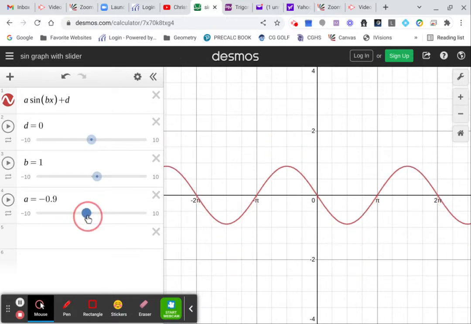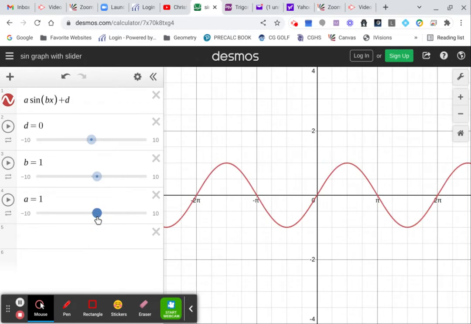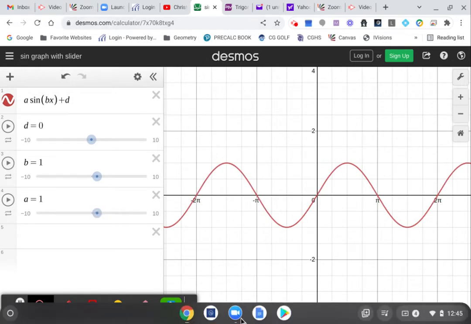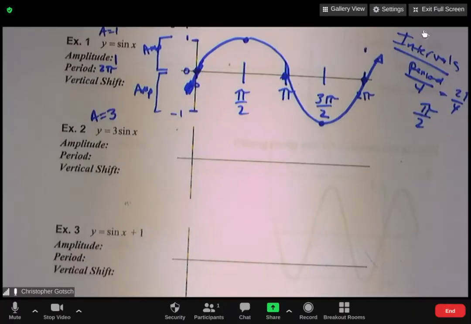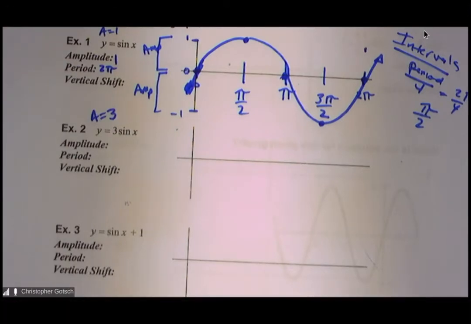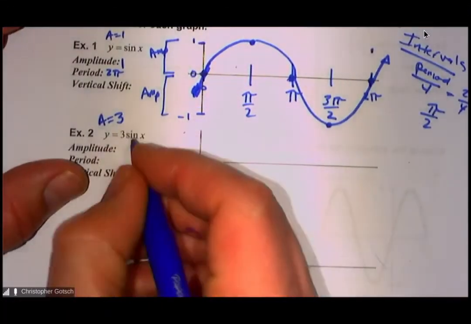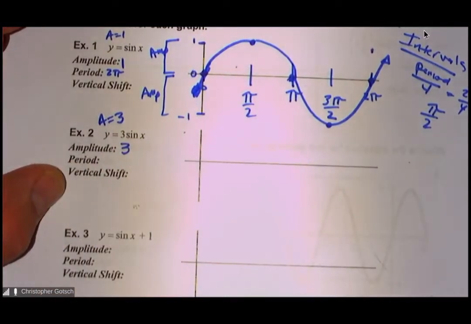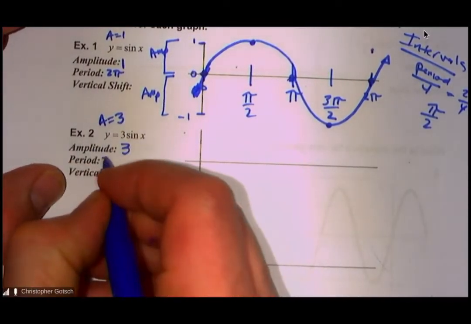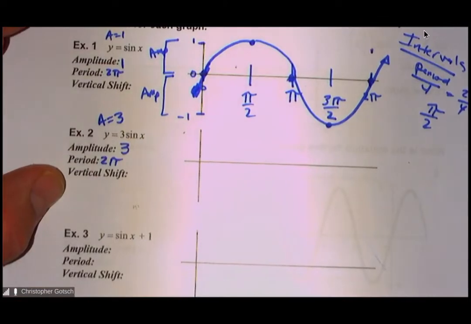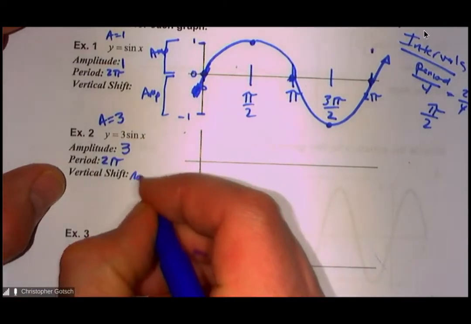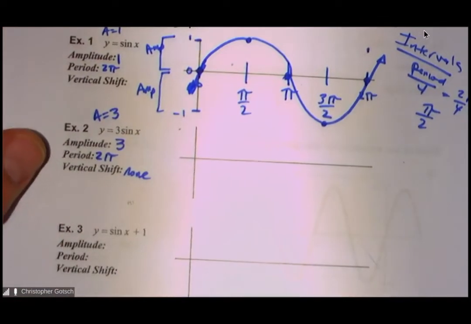Okay, so let's go ahead and graph that now by hand. Let me get this back in order. All right, so when we have y equals 3 sine of x, that's our vertical stretch. So that's our amplitude. There is no b value there, so that's going to be 2 pi. And then there is no vertical shift yet.